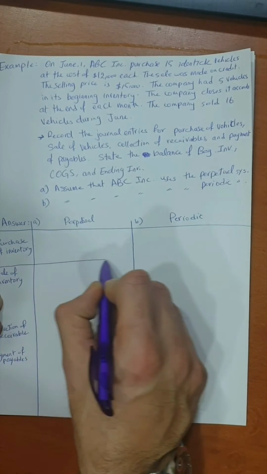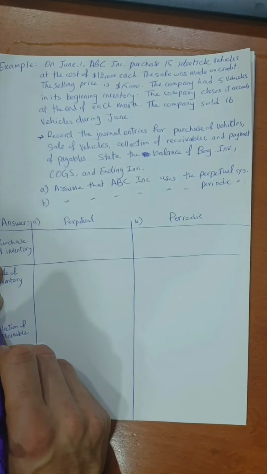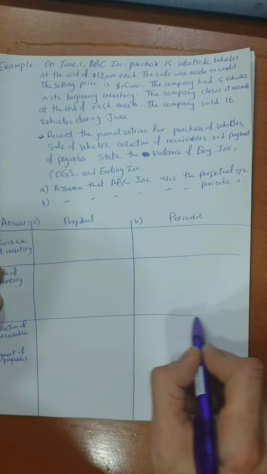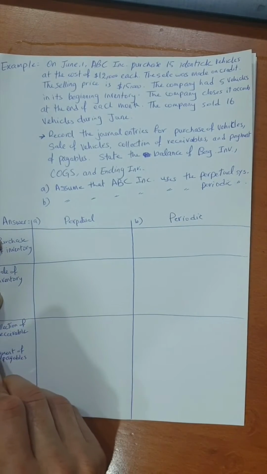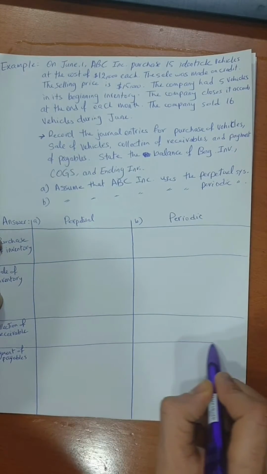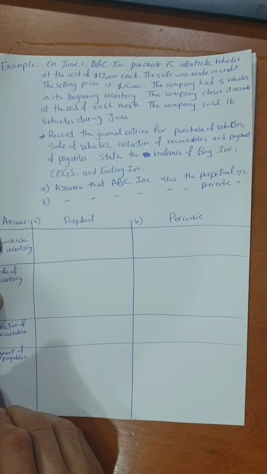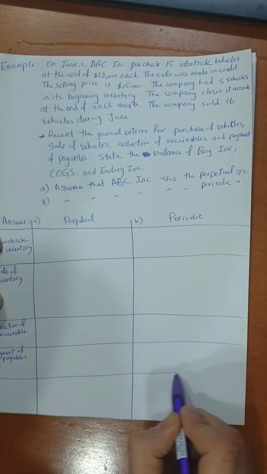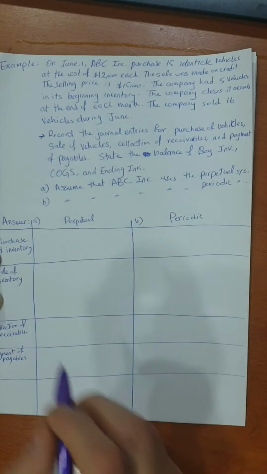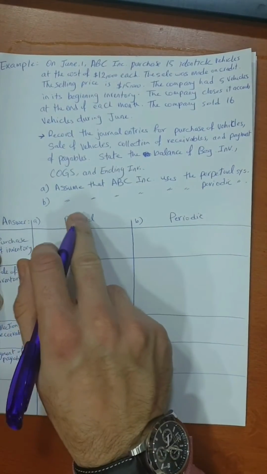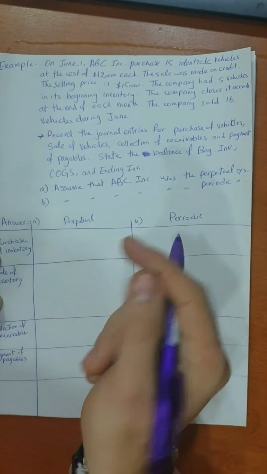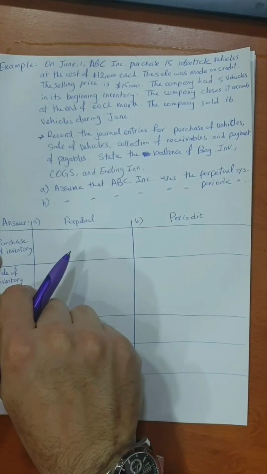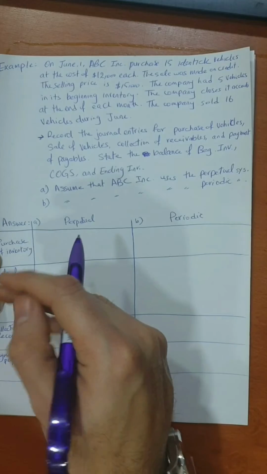So the first thing is to purchase inventory, how you record this accounting wise, how you record sale of inventory, how you collect your receivables upon making the sale, and how you pay your payables which you owe the supplier, right? Purchase of inventory in the perpetual system, it's basically saying that you are adding to your existing inventory in the warehouse a new inventory.